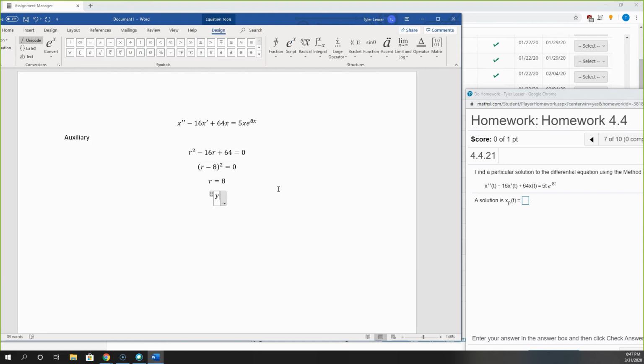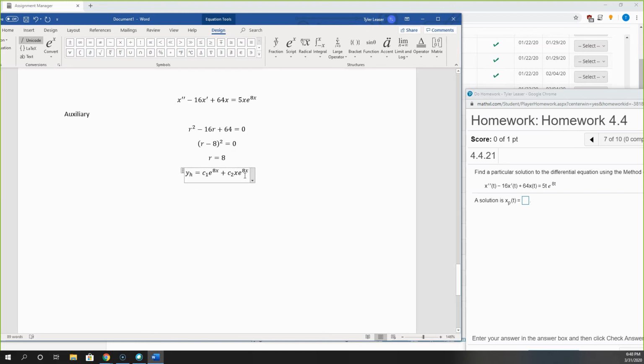So this is going to have solutions to the homogeneous C1 e to that power plus C2. This is where you have to throw in that extra variable. I keep putting T's, sorry. So used to T's in class. So C1 e to the 8x plus C2x e to the 8x. And the reason that extra x is there is because this is a double root.